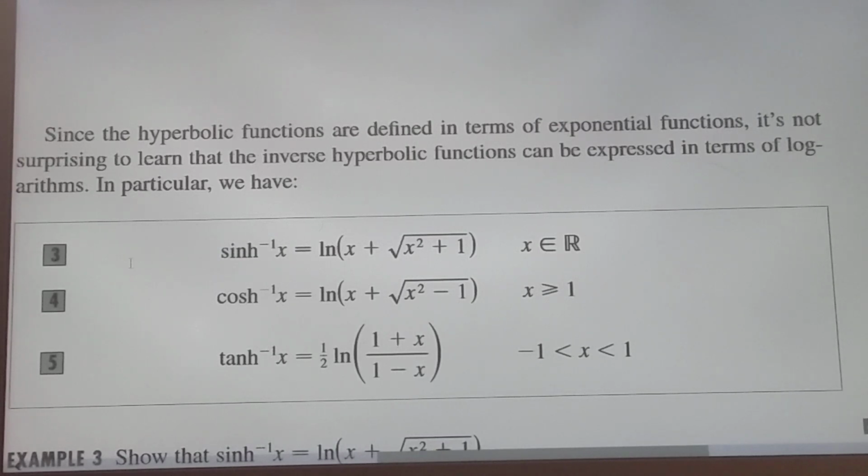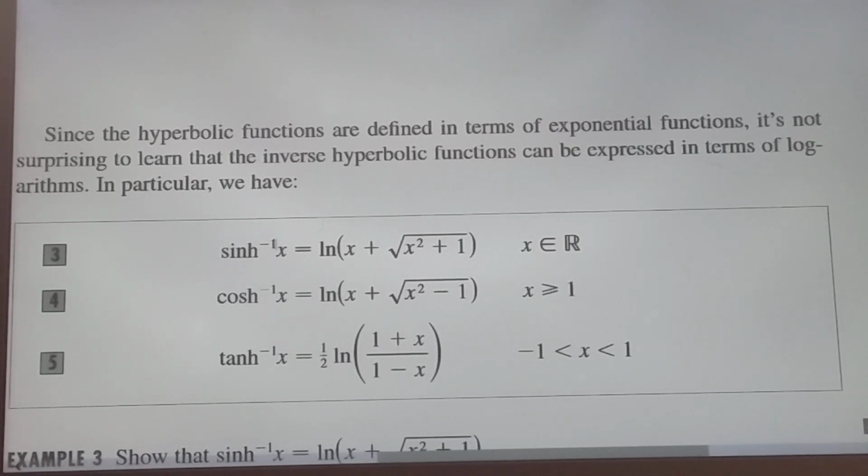So in terms of logarithms, a logarithm of base e is represented by ln. That's why it's a logarithm, but it's a log of base e. All right, so these are the definitions.